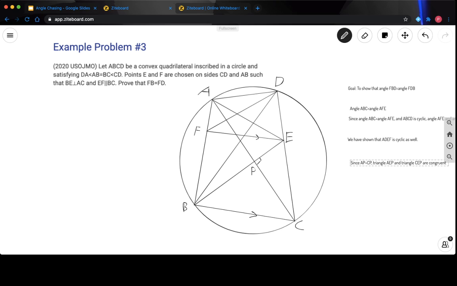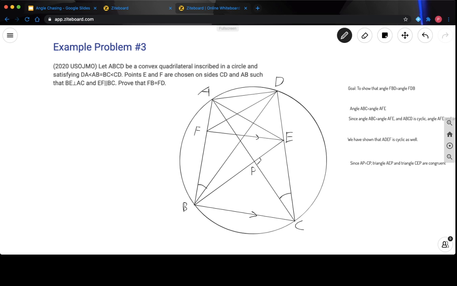So we know that since ADCB is cyclic, angle ABD is congruent to angle ACD. Notice that they both cut off arc AD. However, we've also established that triangles AEP and CEP are congruent, which means that triangle EAC is isosceles, right?